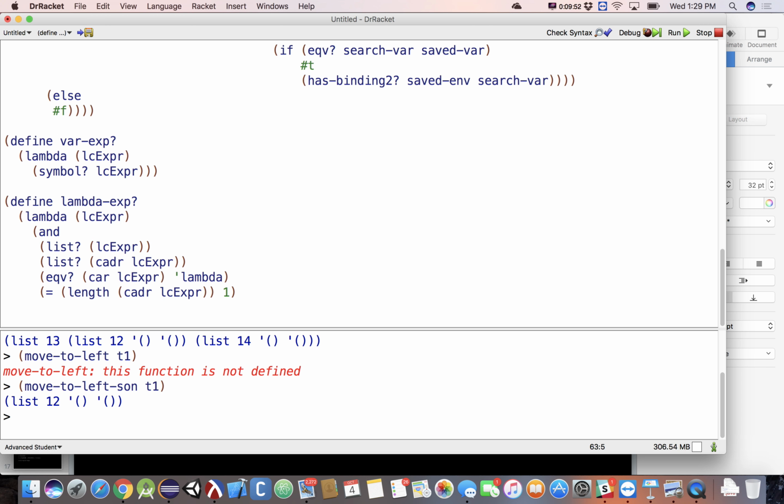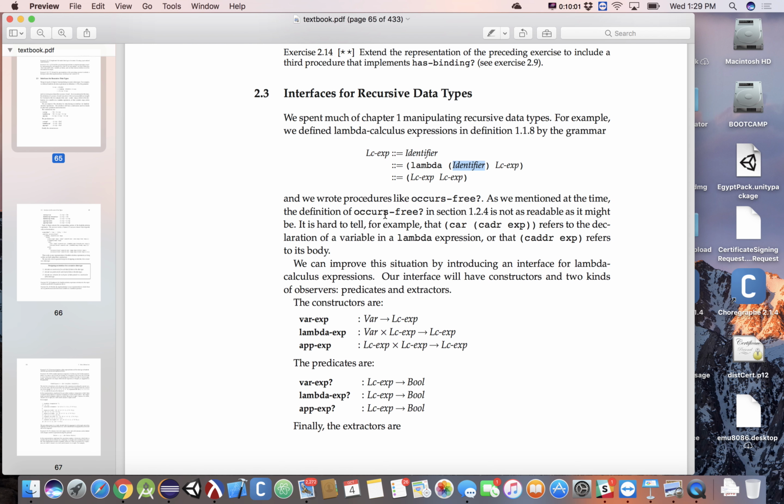And if its length is 1, I want to know if the one thing that's in there is a symbol. Correct? Yes. Let me ask you this question, just as a pause. Why does it say identifier here instead of another lambda calculus expression, which could be an identifier?